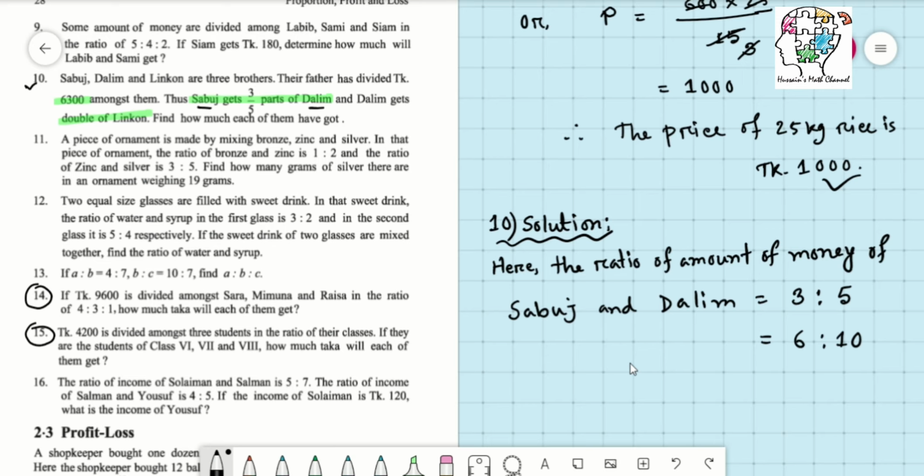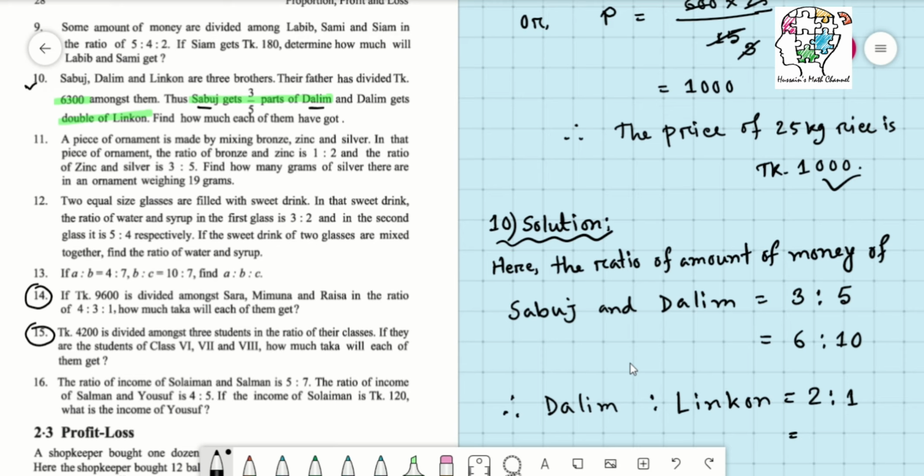Therefore Dalim is to Lincoln will be 2:1. So Dalim's amount is 6, so we have to multiply this by 3.